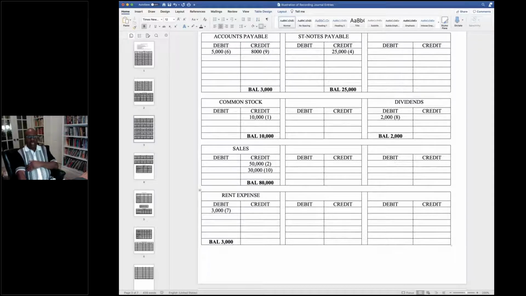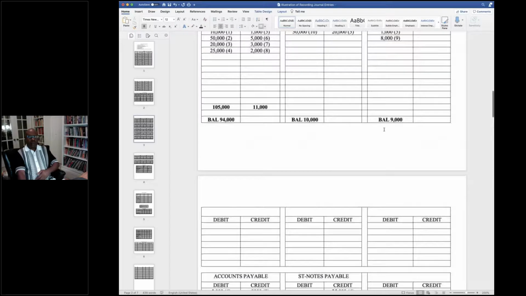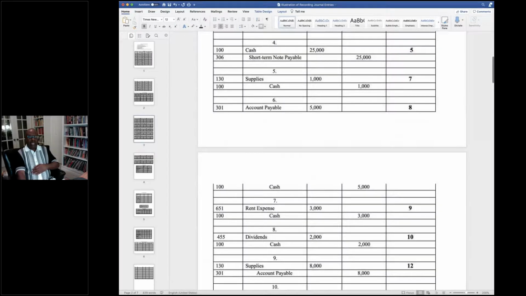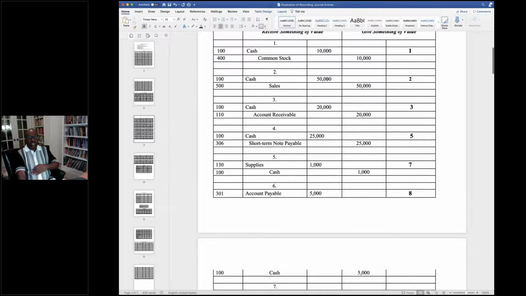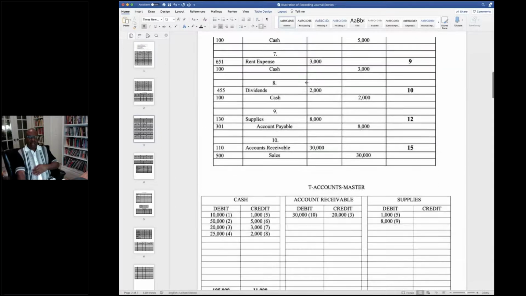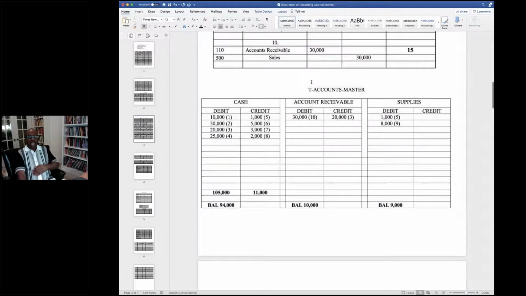Notice the revenue has its credit balance, expense has its debit balance, dividends has its debit balance. So we have now gone through, made 10 transactions, analyzed and recorded them, and we've determined how much is in each account now after those transactions. That's what we've done.